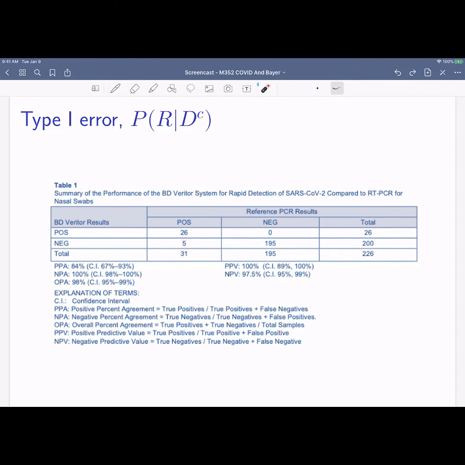It reported 5 tests as negative when the PCR results said they were positive. So that would be a false negative result, a type 2 error. This is how a company would report this to everybody who would potentially use the tool. And then there's a bunch of nice acronyms down here, and you can look at those on your own time.